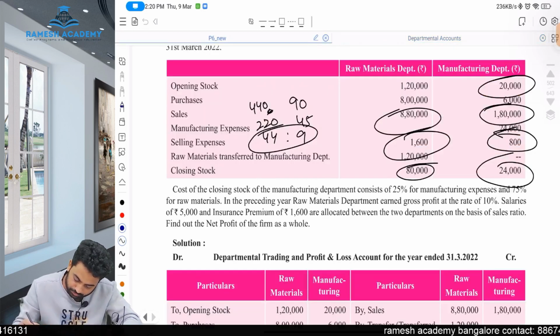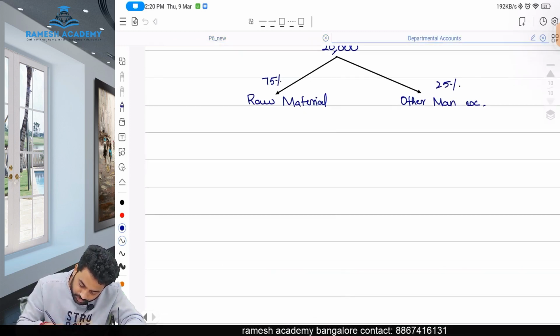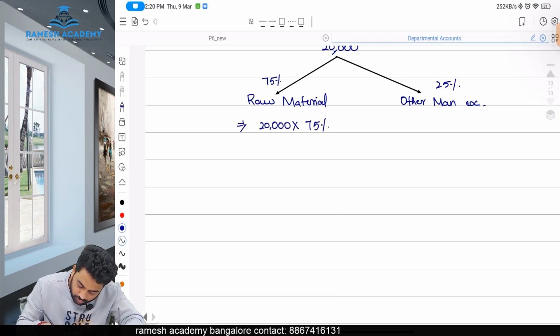Here they have given: manufacturing department consists of 25% manufacturing expense, 75% raw material. So raw material is how much, sir? 20,000 into 75%, which will come to rupees 15,000.